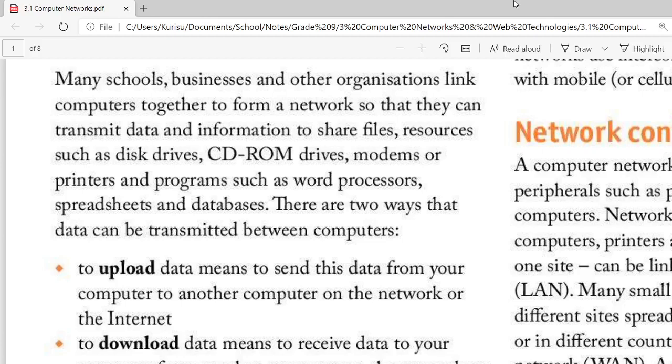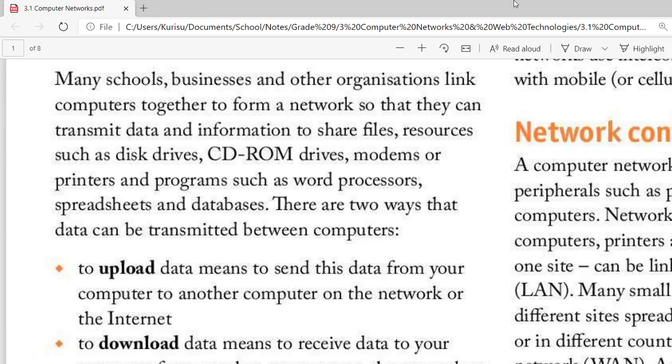Now, an example of sharing resources is, say for example, a printer. Some of you may have a printer at home, and you would know to operate that printer, you would connect that printer via cable to your computer, whether a desktop or a laptop. You would plug it in to your computer via a USB cable, and you'll be able to print to that printer.